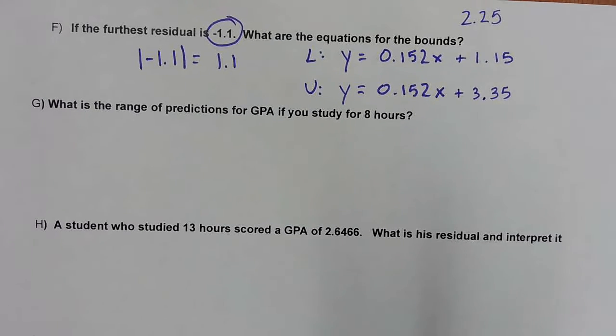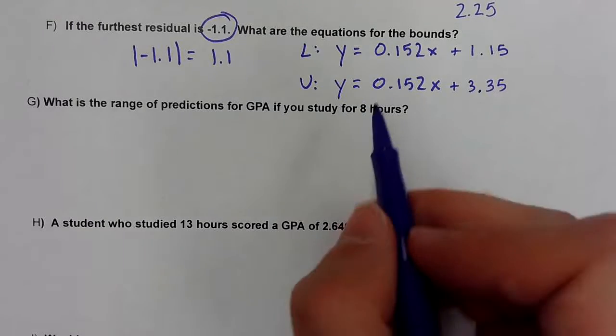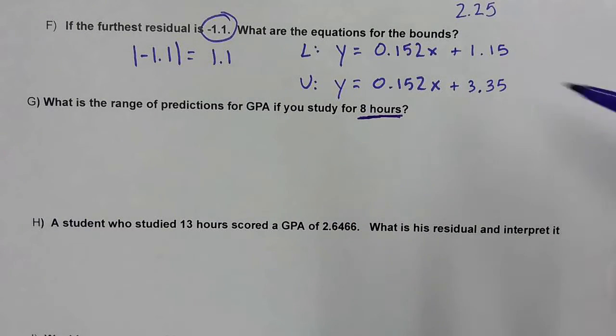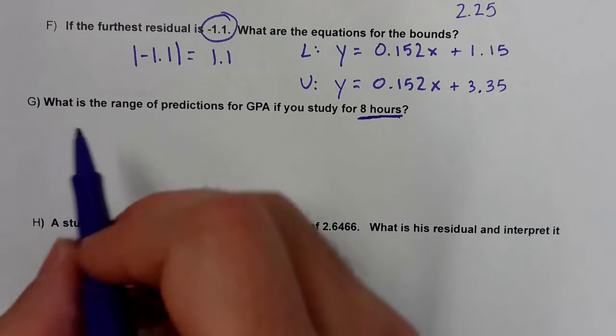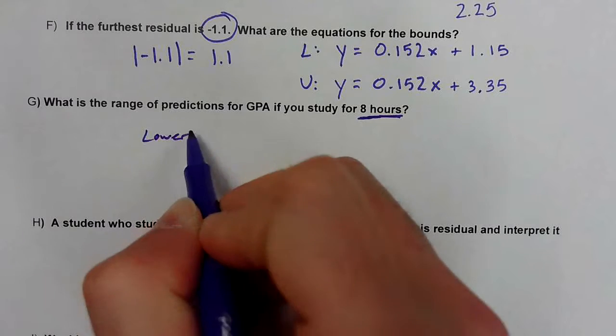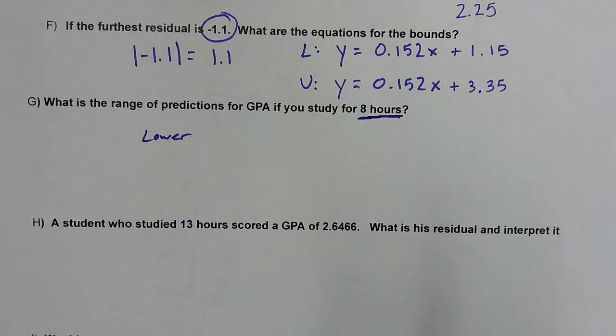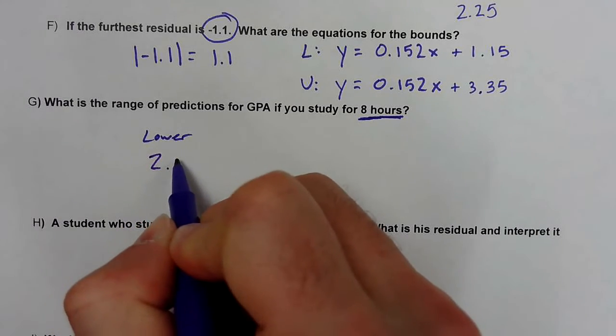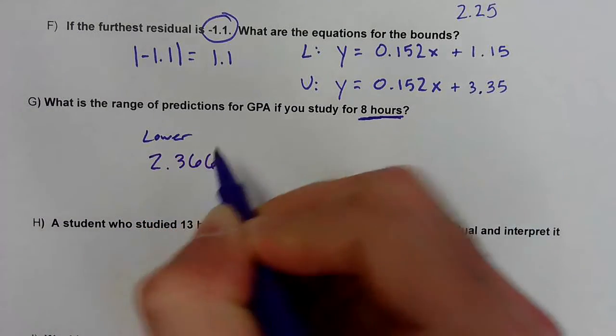What is the range of predictions for GPA if you study 8 hours? So we're going to put 8 hours into the lower and into the upper. So if I go ahead and put it into the lower equation, 0.152 times 8 plus 1.15, we get a lower bound of 2.366.